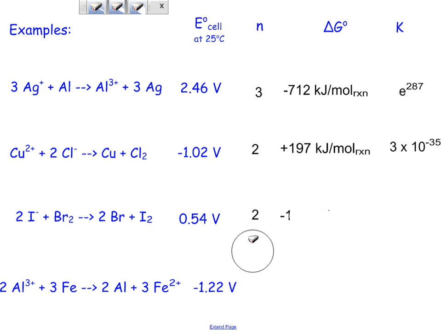Okay, for the next 2, you had to also figure out how many electrons were transferred. And for this bottom reaction, it's 6 electrons. 2 times aluminum 3 plus, and it goes from 3 plus to 0, so 3 electrons times 2 is 6. 0 to plus 2 is 2 electrons times 3, still 6.